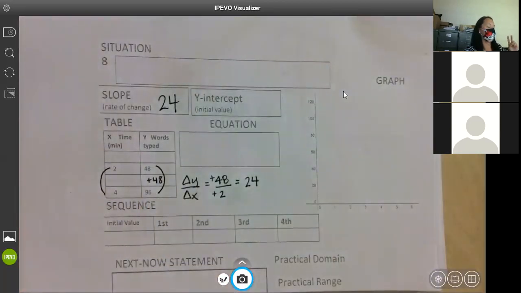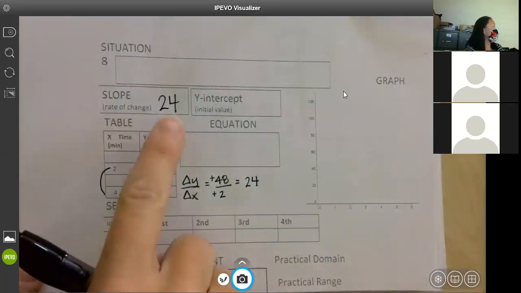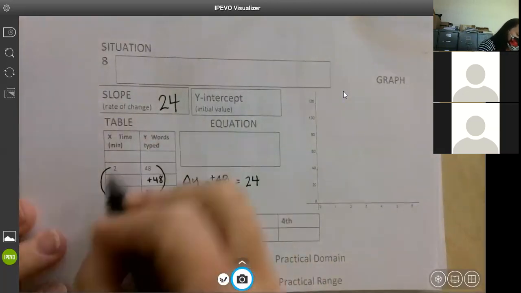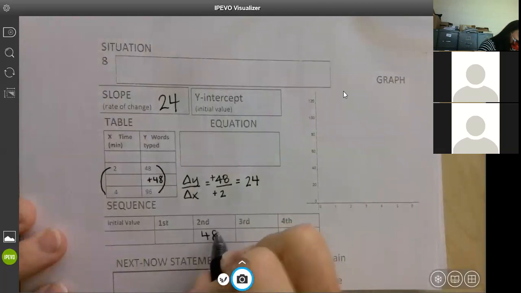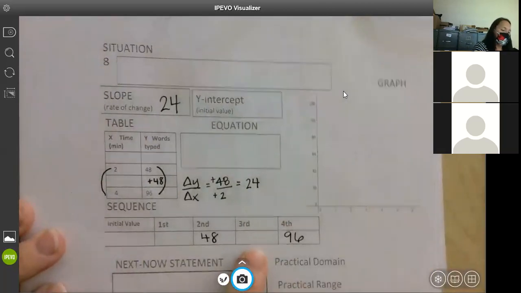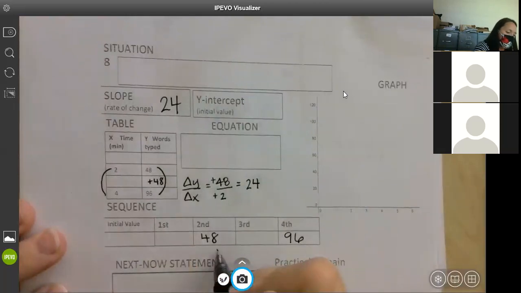If every 2 increases by 48, every 1 increases by what? 24, okay? So if I make this chart again, we're looking at 2 was 48 and 4 was 96. To fill these in, this is a plus 48.